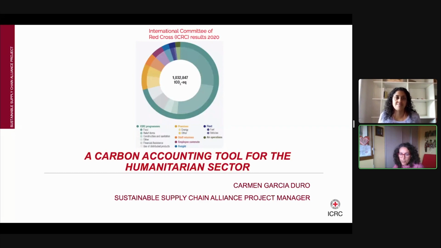So actually, the production of those items is the highest carbon emissions that we have. Fleet and transport, you can see them here in green and blue. Blue is fleet and green is transport. It has, of course, carbon emissions, but really the main carbon emissions is the production. And that's why, as Jenny was mentioning, the quality and the durability is so key for the future and for reducing the emissions. But let me now start with my presentation.